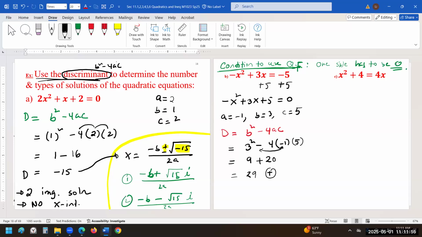How many and what type of solutions do we have? Two real solutions. And how about the x-intercept? 2 x-intercepts, because two real solutions means you're crossing the x-axis twice. 2 x-intercepts.